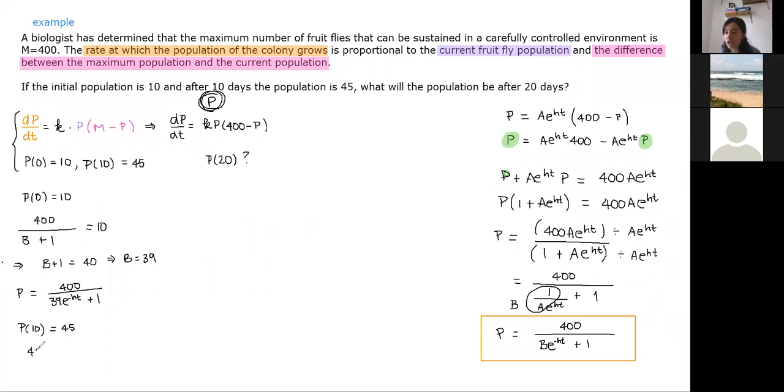So that means 400 divided by 39 times e to the minus 10 times h plus 1 is equal to 45.